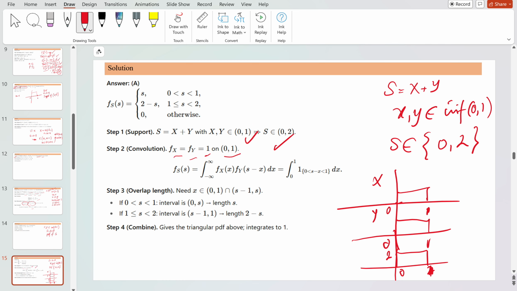Okay, so f of S is S between 0 to 1, 2 minus S between 1 to 2, and 0 otherwise. Fx and Fy are equal to 1 between 0 to 1, so f of S at s is the integral from minus infinity to infinity of fx(x) fy(s minus x) dx.